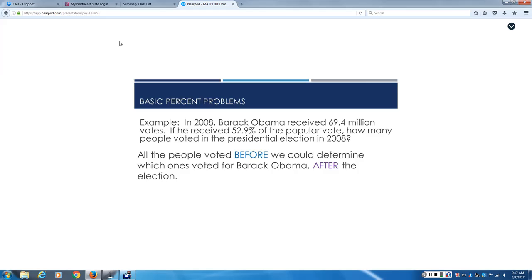Here's our next example problem. In 2008, Barack Obama received 69.4 million votes. If he received 52.9% of the popular vote, how many people voted in the presidential election in 2008? Now the percentage is obvious, 0.529. At least I hope it is.